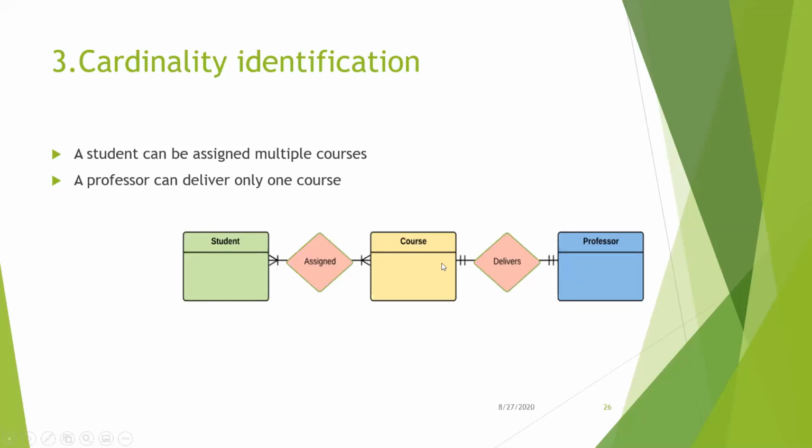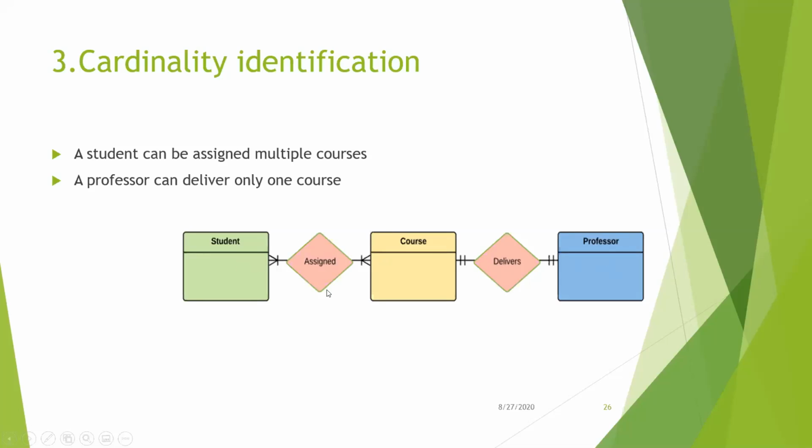So this association is a one-to-one association between course and professor. This is a binary relationship, and here also a binary relationship. That means courses are assigned to students, and students are assigned courses. So here the association is from student to course and course to student, and here the association is professor to course and course to professor.